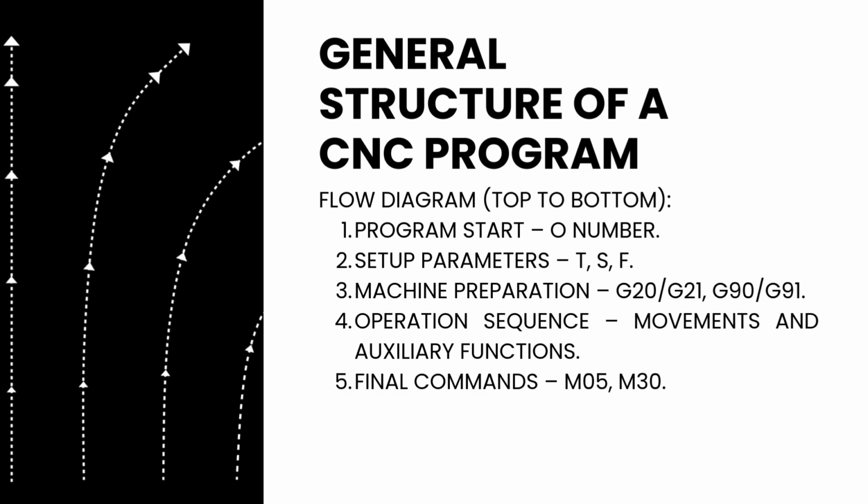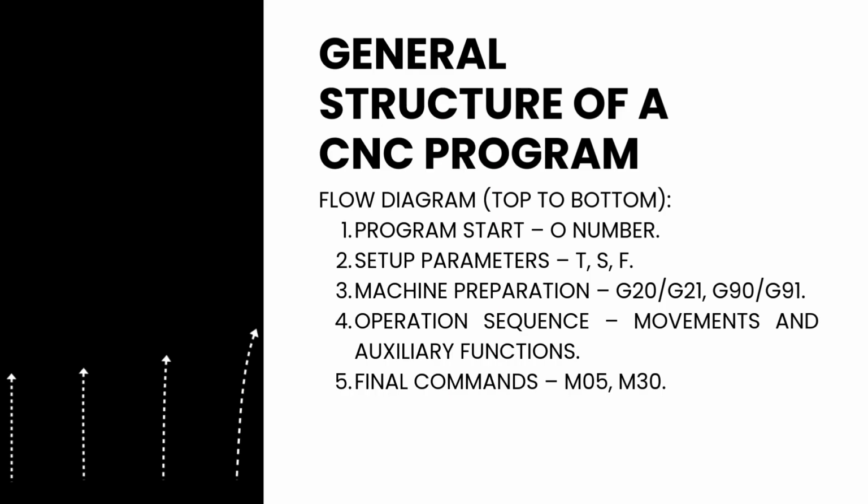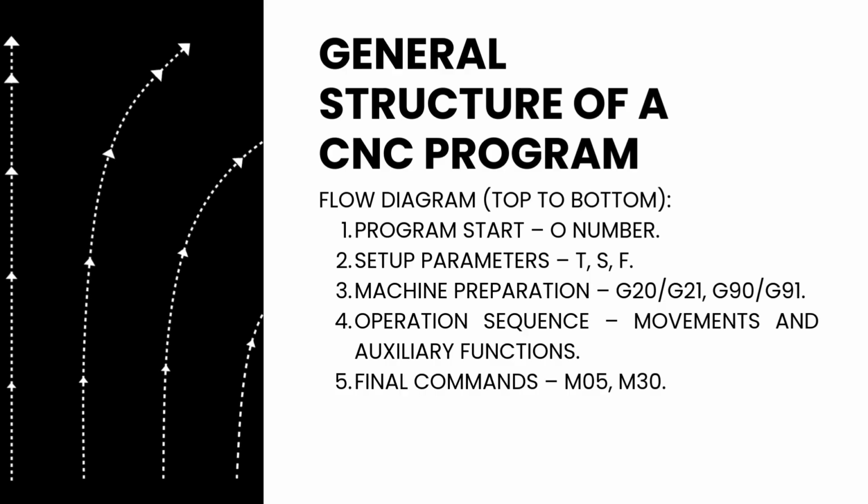G90 puts the machine into absolute mode, meaning that all positions are based on a fixed 0 point. If we use G91 instead, we will be in incremental mode, where each movement is measured relative to the previous position.